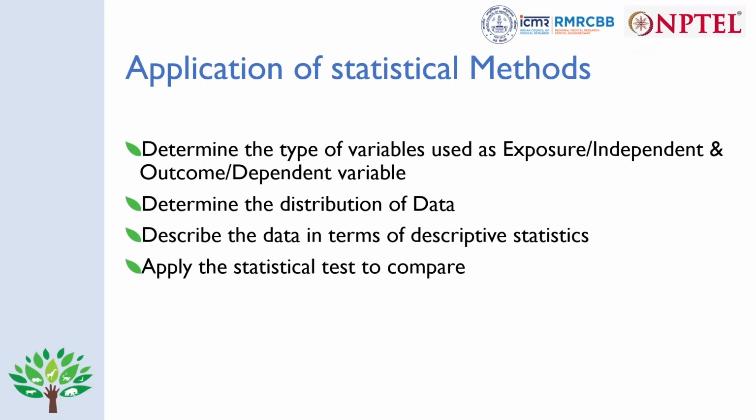There are certain methods we usually use to find out the normality of a distribution. Then we have to describe the data in terms of descriptive statistics. That means, based on the variable, we have to decide what kind of descriptive statistics method or measurement we can use, and then finally we apply the statistical test to compare.